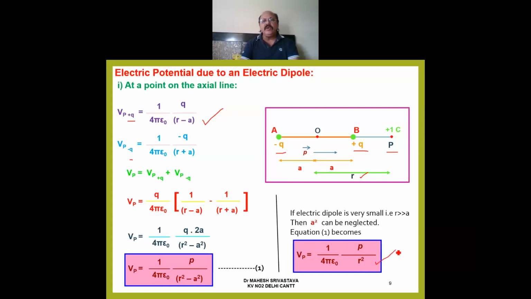So same result you are getting when you are putting theta equal to 0. The electric potential at a point on the axial line due to electric dipole, that is Vp equal to 1 upon 4 pi epsilon naught P upon r square. Here P is constant, 4 pi epsilon naught is constant, 1 is constant. It means Vp is inversely proportional to r square.